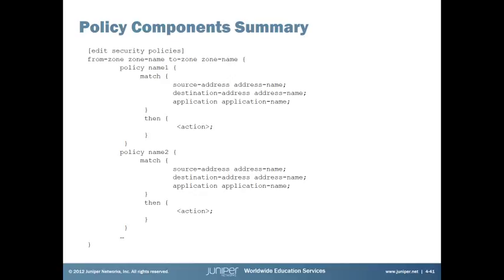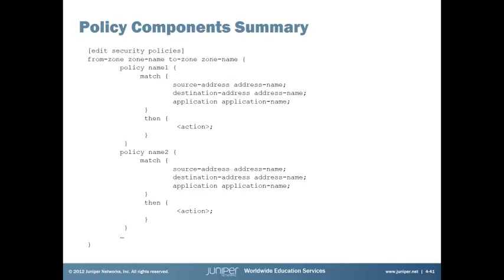You type match, and then you put in the source address, the destination address, and you specify the application. You must have those 3 things in your policy. The next thing is you define what action is going to be taken once a match on those 3 criteria has been made. And then you go ahead and put in the next policy.